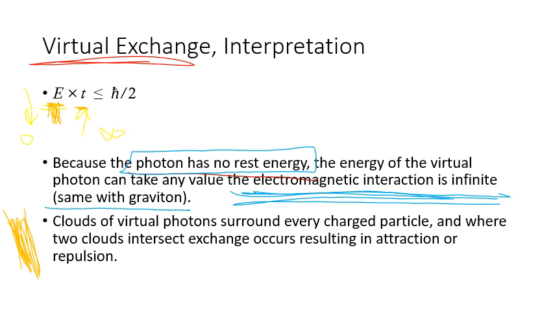Essentially, forces drop off very fast with distance. Anyway, our cloud of virtual photons surrounds every charged particle, and where the two clouds intersect, we get virtual exchange, and virtual exchange results in attraction or repulsion.